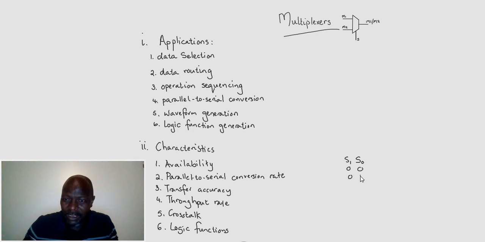We got outputs like D0, D1. If it's two select lines, they're going to give us 4, so it must be D0 to D3. I prefer D0, D1, because it is clearer why it comes out where.